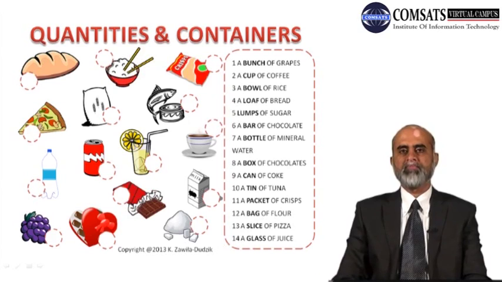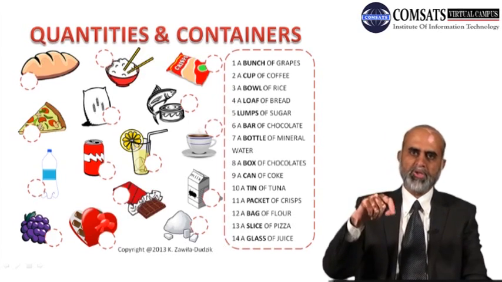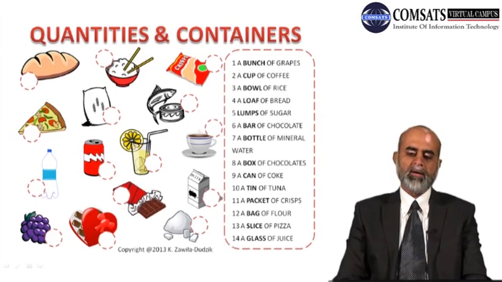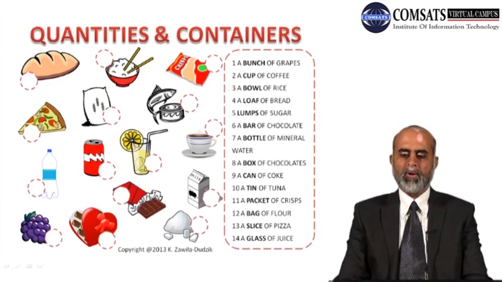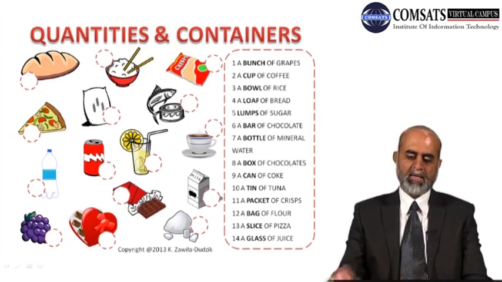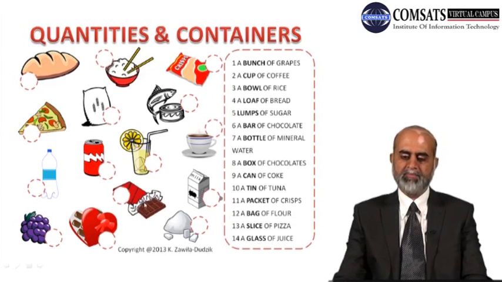So you can also say spoon of sugar, pinch of sugar, etc., etc. Okay, for chocolate you can say a bar of chocolate, a bottle of mineral water, a box of chocolates. You can have a bar of chocolate and you can also have a box of chocolate. Like here you have a Valentine box, a box of chocolate, and this one is a bar of chocolate.